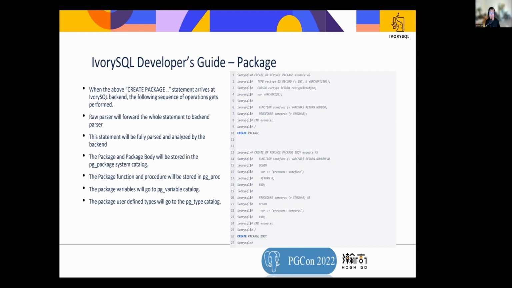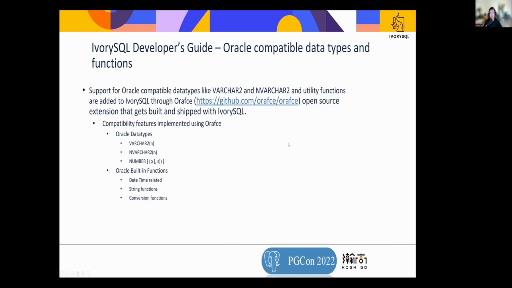The package variables go to the pg_variable catalog, and the package user defined types go to the pg_type catalog. Here are the commands we executed, like create package and create package body, with the types and the functions.